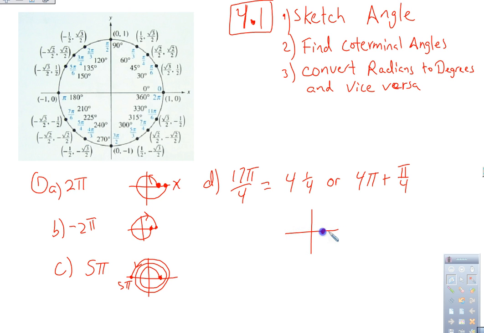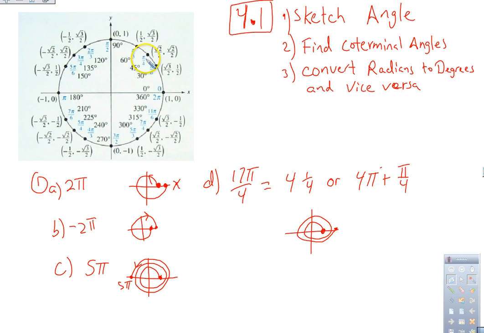We start at the positive x-axis. We're going to go around 4 pi: 1 pi, 2 pi, 3 pi, 4 pi. That just gets me back to the starting position. So now from here, we're going to go around pi over 4 more.